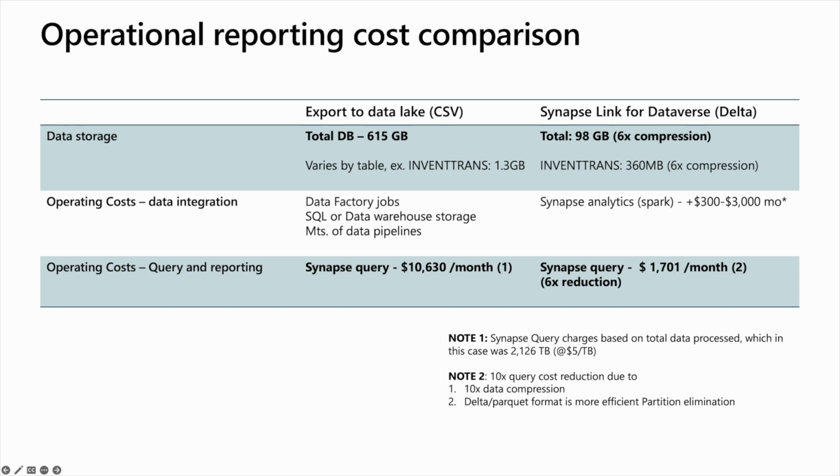What this 6x compression means is that the read cost of your Synapse queries can also be reduced 6x. As an example here, for the operating cost of querying and reporting, one of the customers was exporting the data and using serverless to run a lot of queries for integration workloads as well as operational reporting.